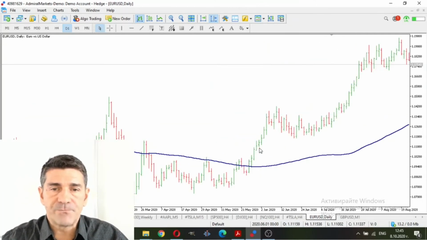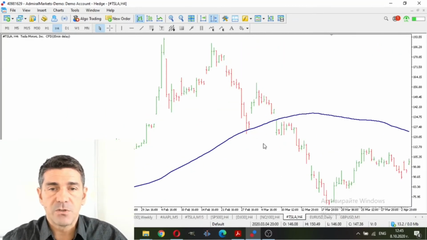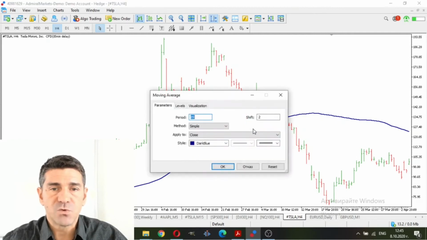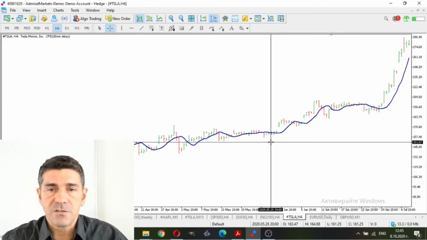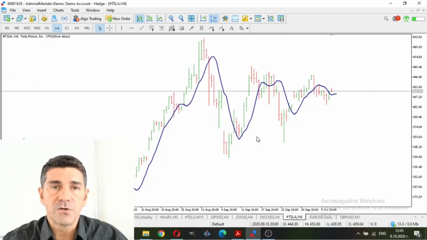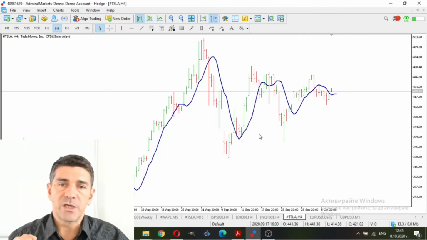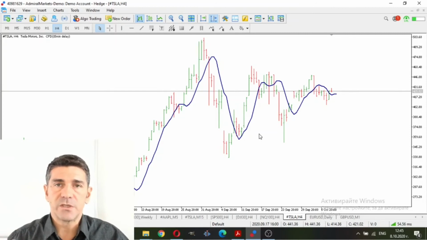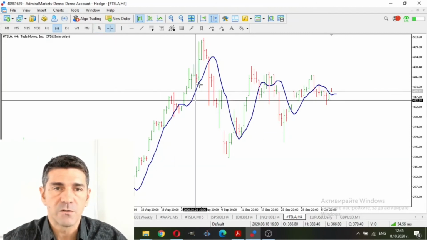Okay guys, there is something more we can use. I'm also going to show the so-called golden cross. What does golden cross mean? We can use not only one simple moving average, we can use 2, 3 or more, whatever we want.